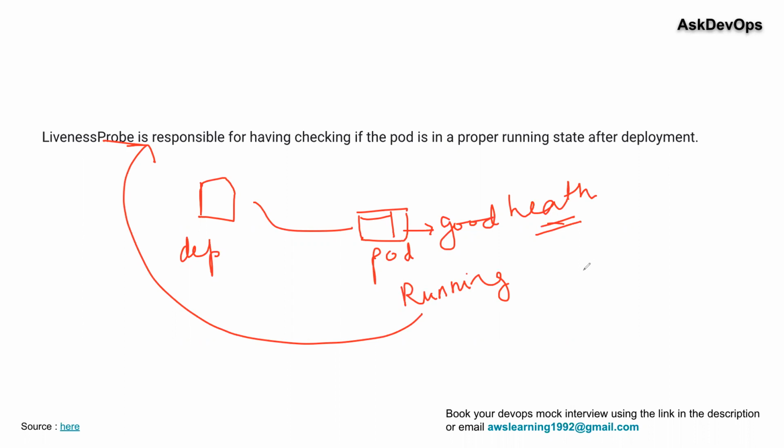And what is the threshold? Sometimes when you spin up a pod, it can take 1 second, and sometimes it can take up to 10 seconds, which is fine because it depends on your application. The liveness probe actually runs immediately after the pod deployment. In the first case, it says okay, it looks good. But in the second case, the liveness probe might fail because your pod will not be in a running state until 10 seconds.